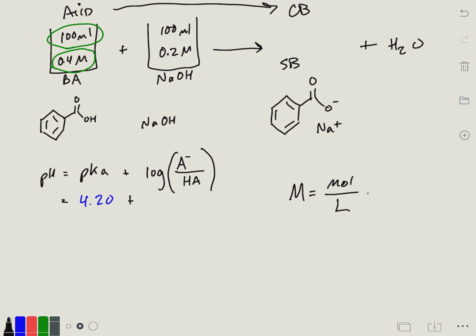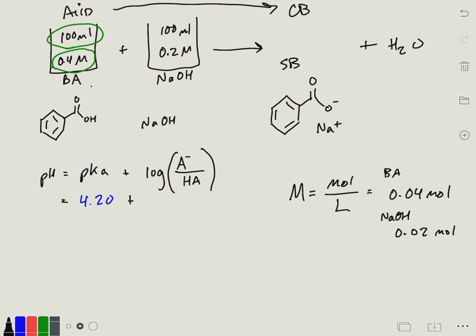So for the benzoic acid, it is 0.4 times 0.1 liters, which is 0.04 moles. And for the sodium hydroxide, the NaOH, that was 0.2 times 0.1, or 0.02 moles.